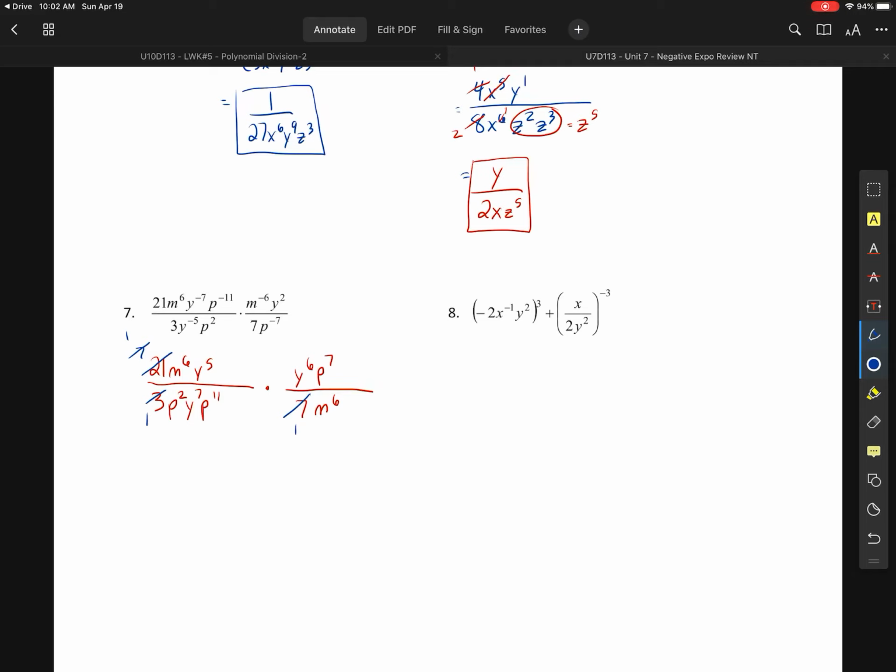All right, so I've gotten rid of all the numbers in the situation. Now I have m to the 6th and m to the 6th. That's gone. I got y to the 6th, and this would leave me with y to the 1st. I can combine these p's to make it p to the 13, cancel p to the 7, and that leaves me with p to the 6th.